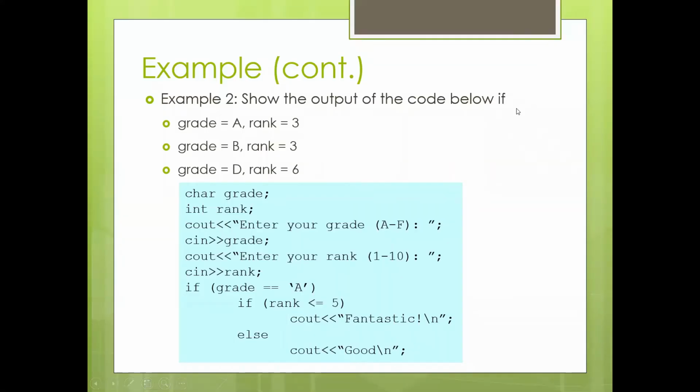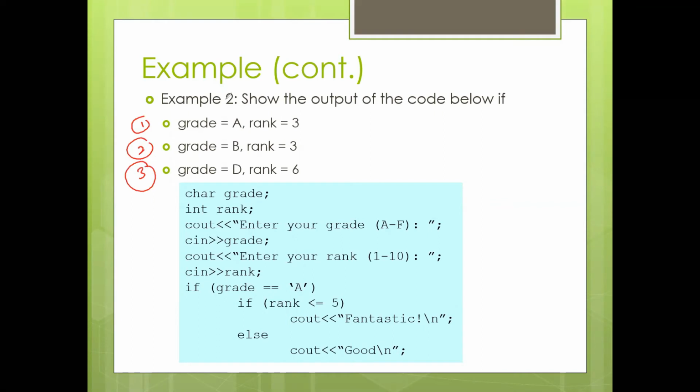Okay, next let's do the example 2. Example 2 gives you this code. So let's try number 1, number 2, number 3. The question gives you grade equal to A, rank equal to 3. So let's do number 1 first. What is the output for the data of number 1?